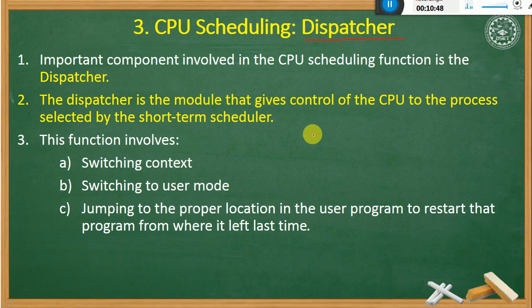My dear students, we have already studied unit number 3, where the process state diagram is very important, and the dispatcher was already introduced there. The dispatcher is a module which gives control of the CPU to the process selected from the ready queue by the short-term scheduler.